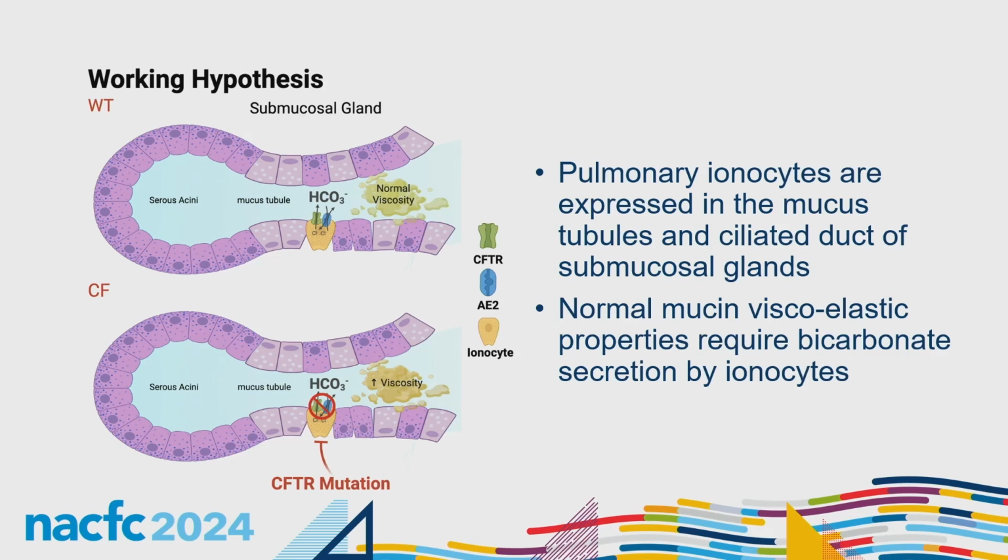Again, as we showed, pulmonary ionocytes are expressed in the mucous tubules and the ciliated duct, as well as the surface epithelium, and these properties that are secreted into the airway require the bicarbonate secretion to be normal and proper.